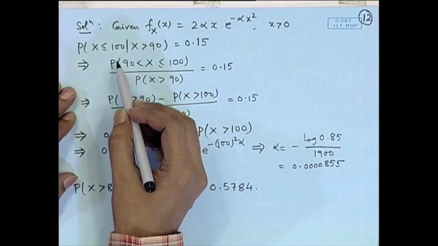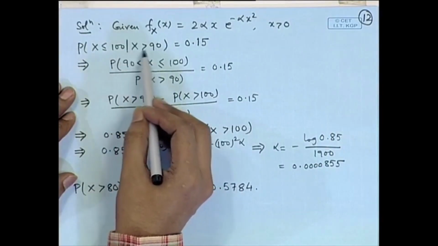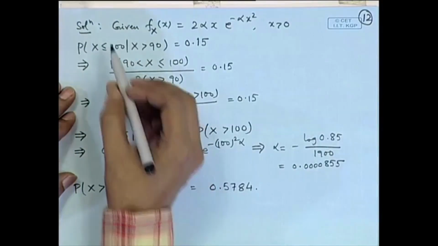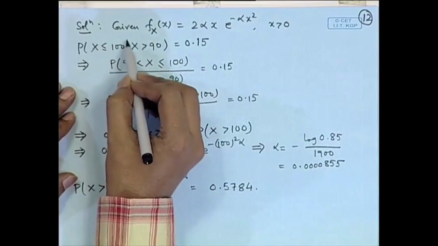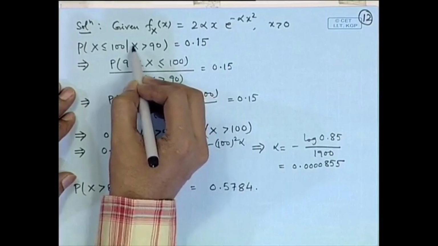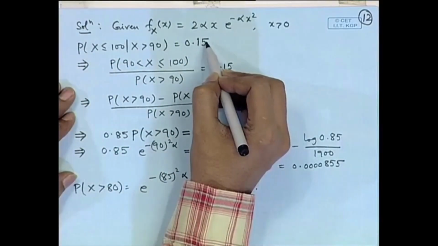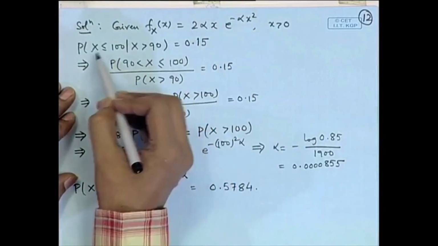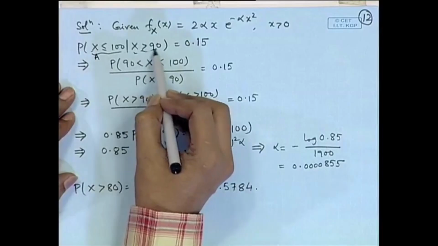Now, it is given that 15% of the components which last 90 hours fail before 100 hours. That means, they fail before 100 hours, that is x less than or equal to 100, given that they work till 90 hours, that is x is greater than 90. This proportion is 0.15. So, consider these events, this is event say A and this is the event B.